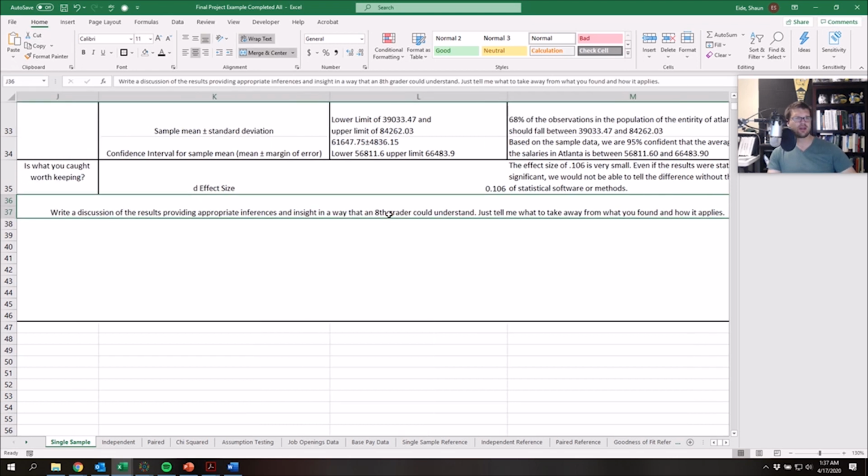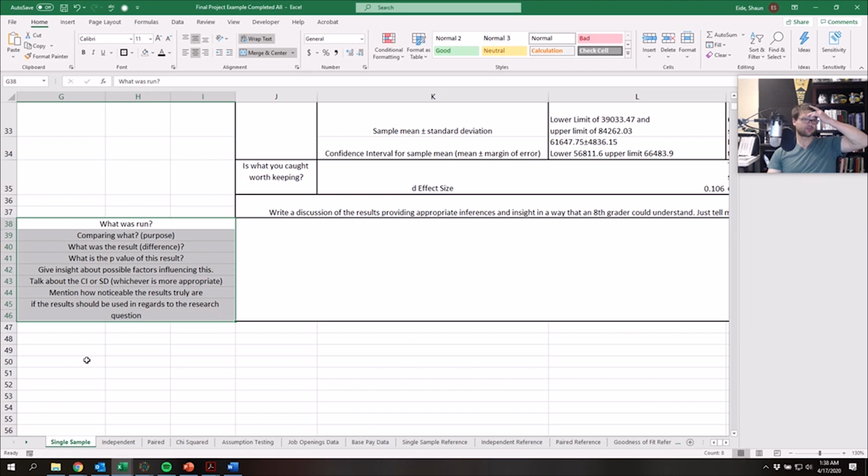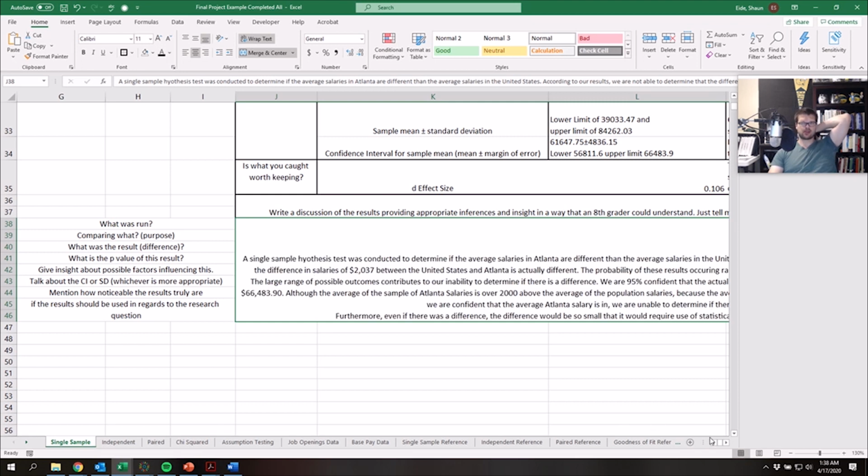Follow this prompt, and when you do, you're going to get something like this. You're going to see what was run: a single sample hypothesis test was conducted to determine if the average salaries in Atlanta are different than the average salaries in the United States. Literally, you're just telling me exactly what you did.